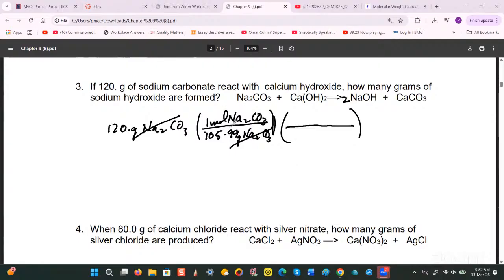Now that we have the moles calculated here, what would be the next conversion factor? What would go above and what would go below? 2 grams? You mean 2 moles, right? You're talking about sodium hydroxide, right? Yes, so 2 moles of sodium hydroxide. Okay, somebody's saying something in the chat. Let me see what this person is saying.